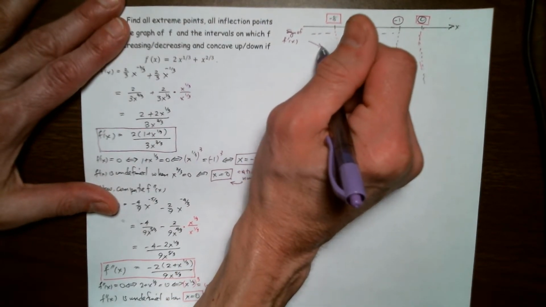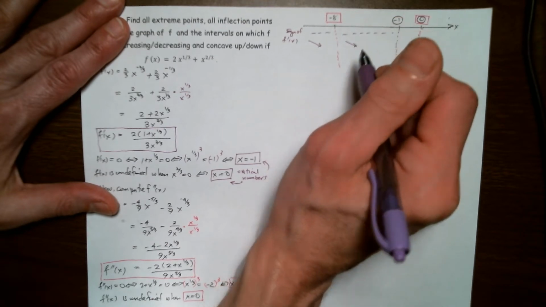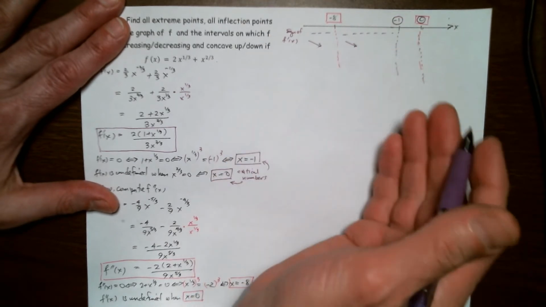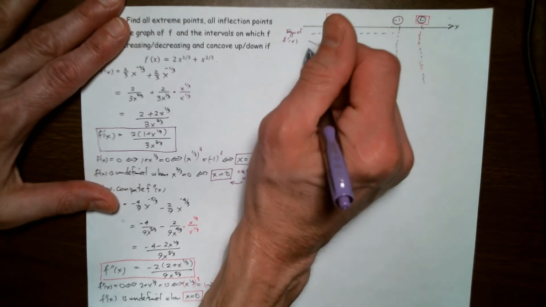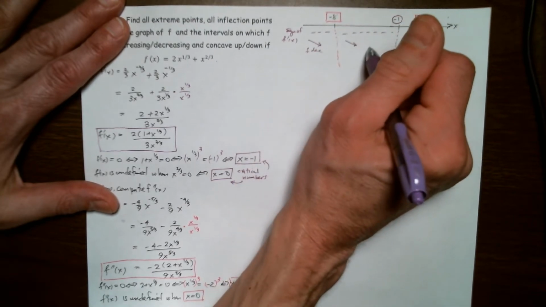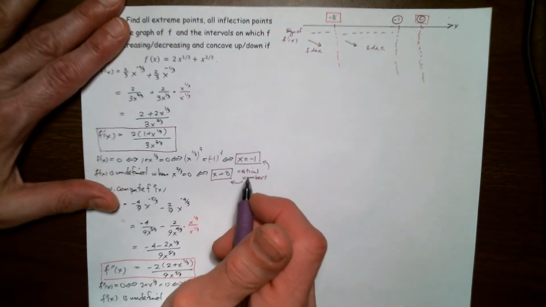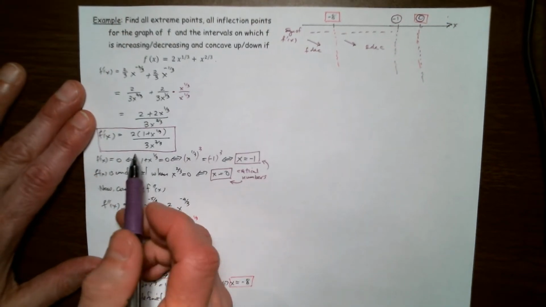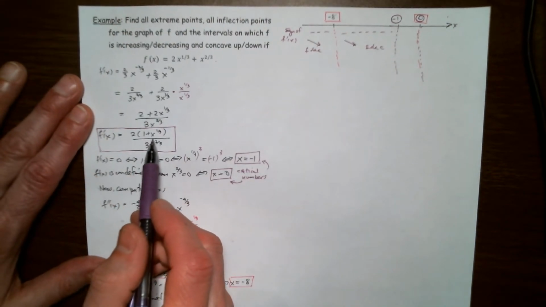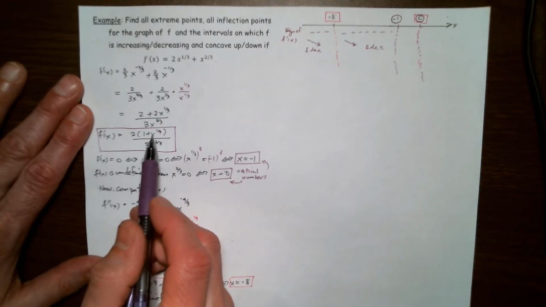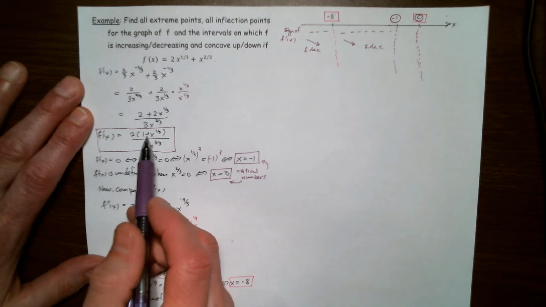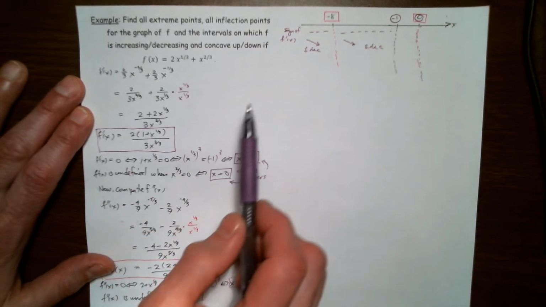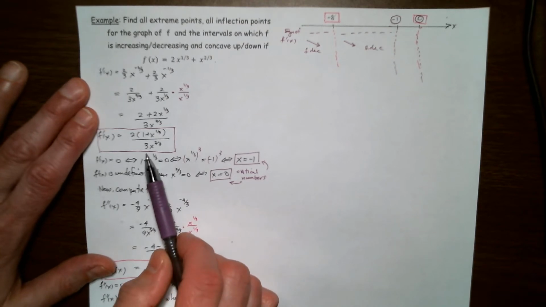That means that the graph of f is decreasing, since the graph has negative slope over that interval. So f is decreasing here, still decreasing over here. Notice, however, when x exceeds minus 1, then the cube root of x is greater than minus 1. As a consequence, this numerator will be positive when x is greater than minus 1.